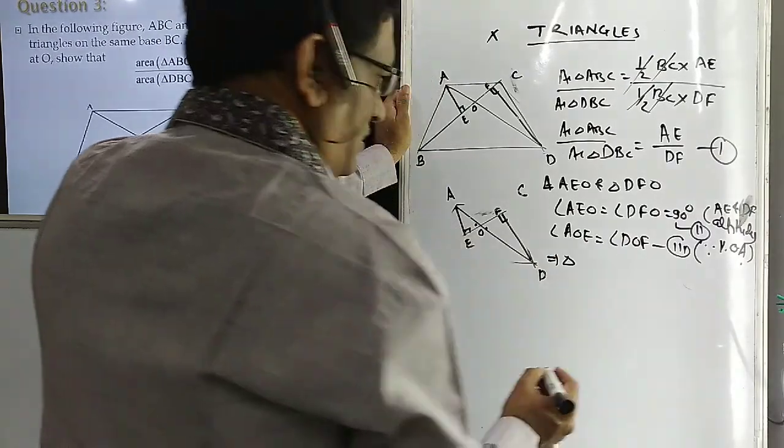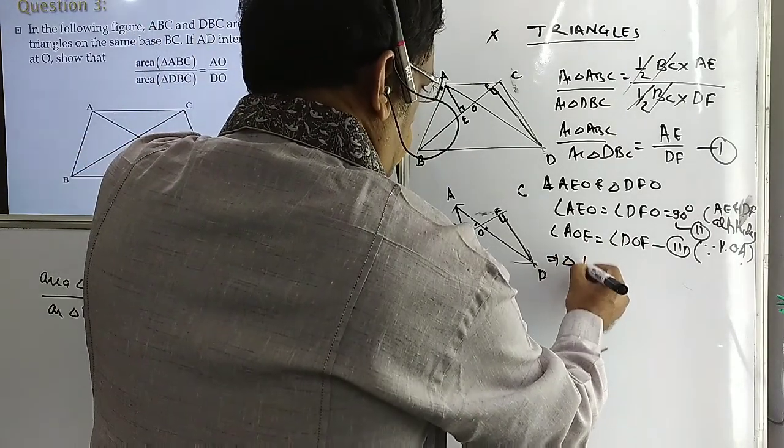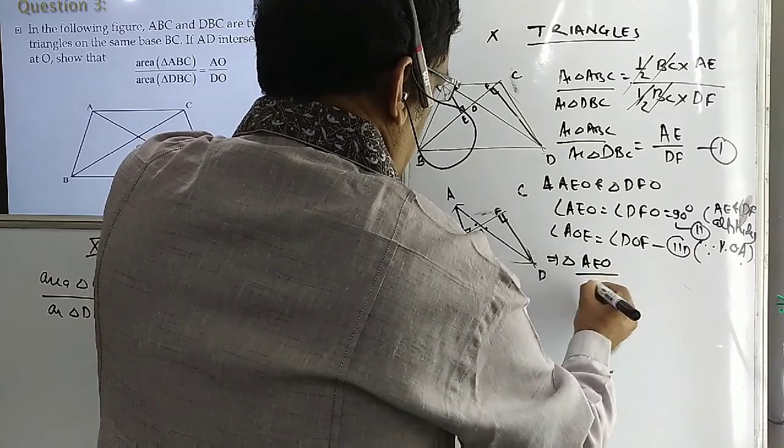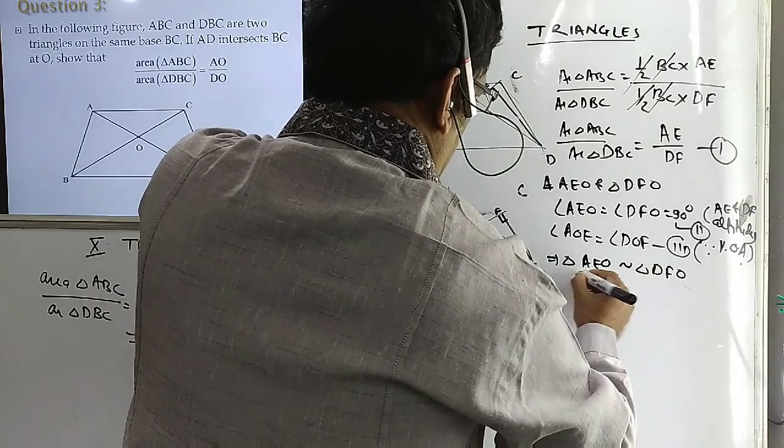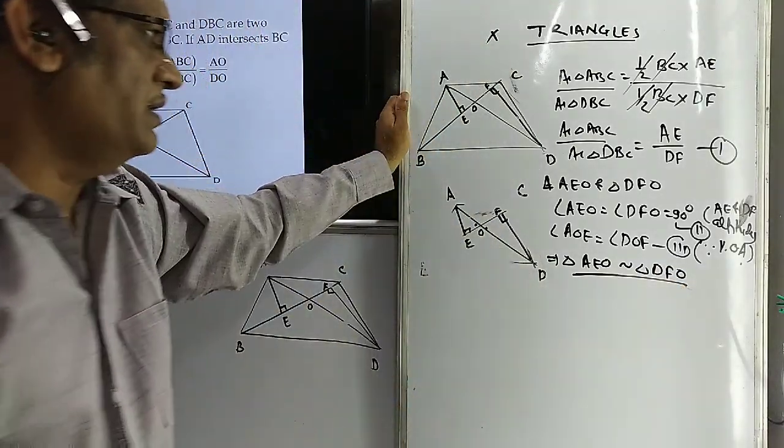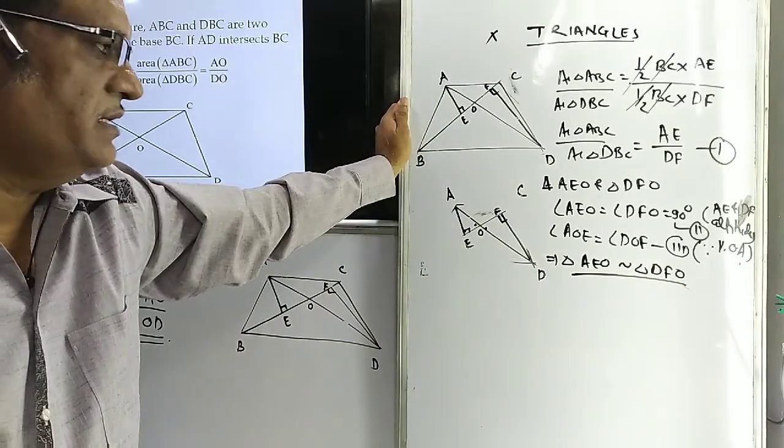Now with this we can show that these two triangles are similar. It implies triangle AEO is similar to triangle DFO, and if two triangles are similar, then the ratio of their corresponding sides are equal.